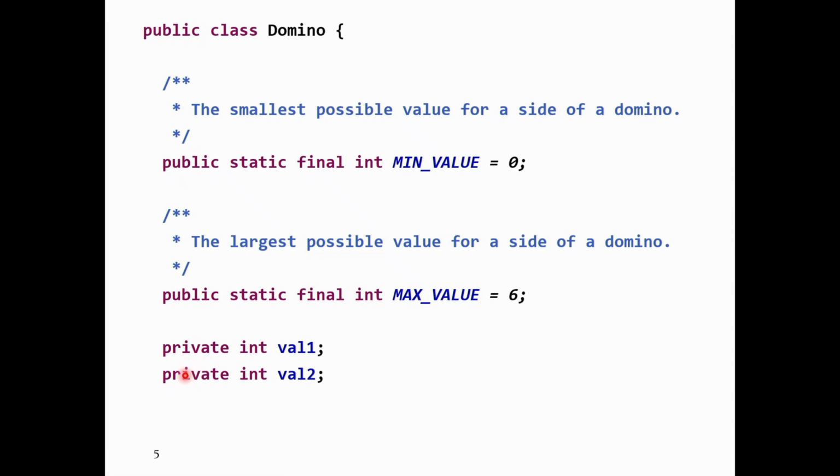If you made these static, every domino object would have the same value 1 and the same value 2. So it's really important that these two fields not be static. It's useful to make min value and max value static because there's no purpose in giving every object those fields. It's just a waste of memory if you do so.